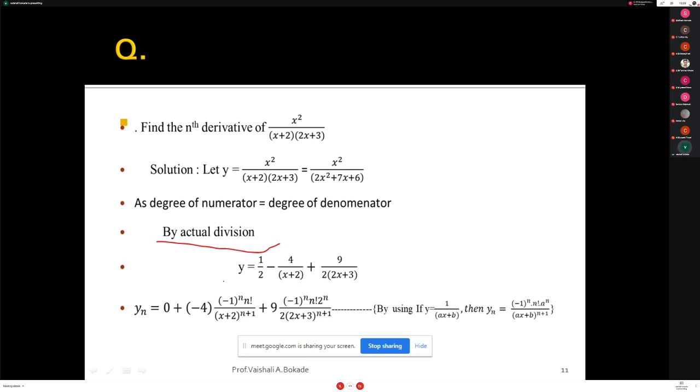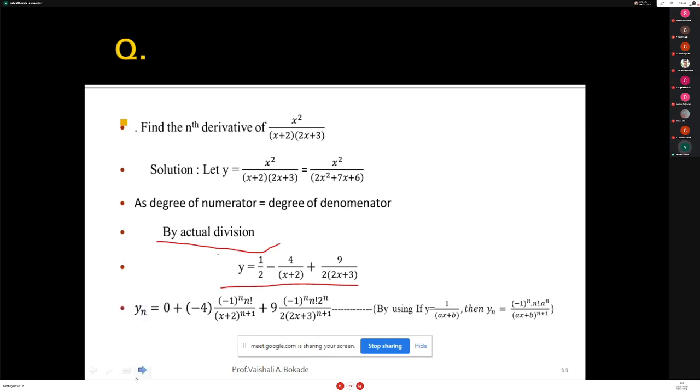Y is equal to, in place of x square upon a quadratic polynomial, 1 by 2 minus 4 upon x plus 2 plus 9 by 2 upon 2x plus 3. After actual division, I get this.